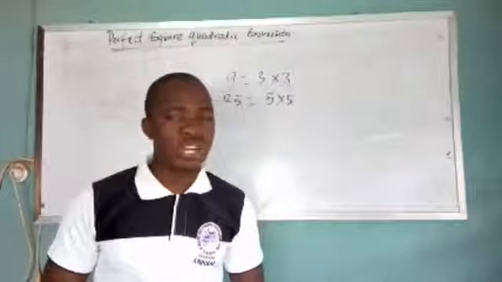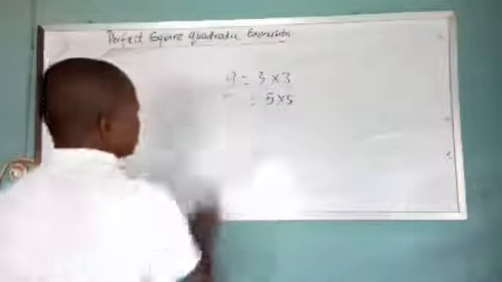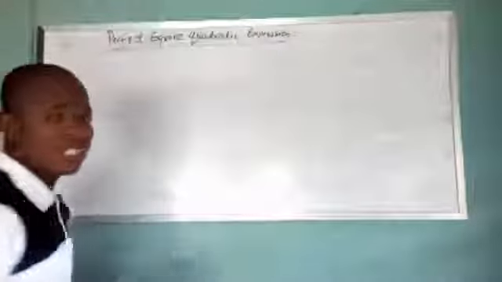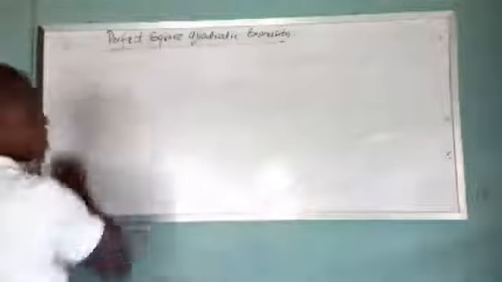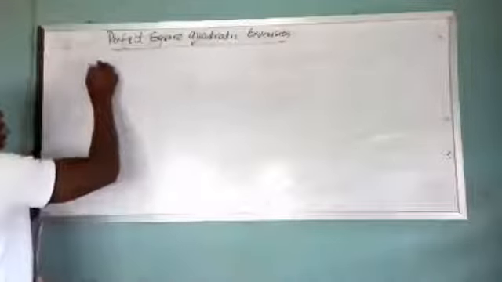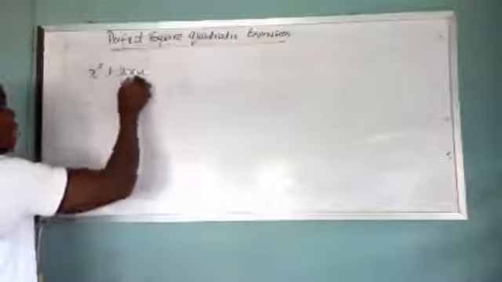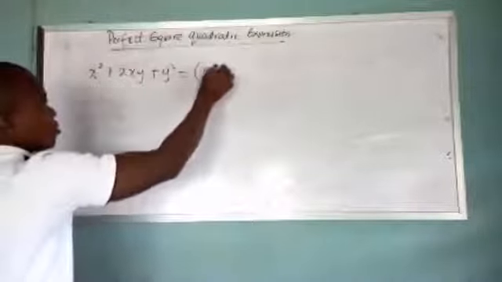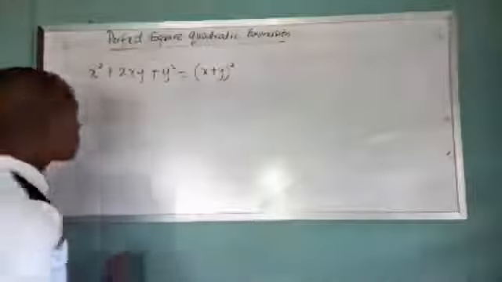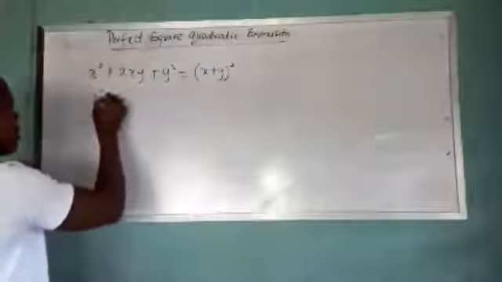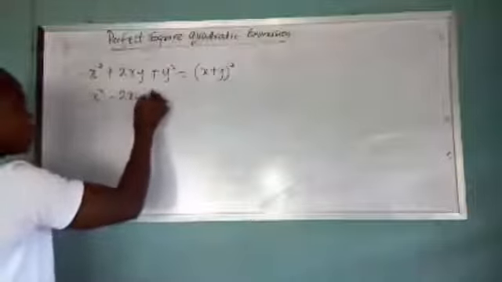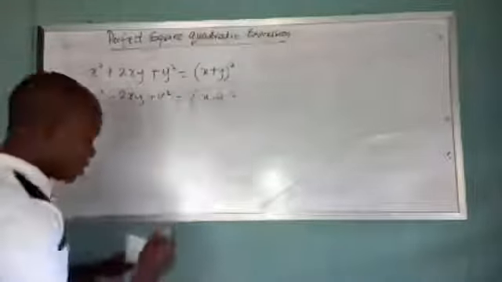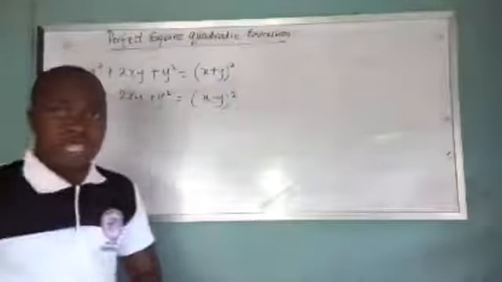This perfect square expression is generally stated as x squared plus 2xy plus y squared equals x plus y squared, and also x squared minus 2xy plus y squared equals x minus y squared. So we have these two expressions.